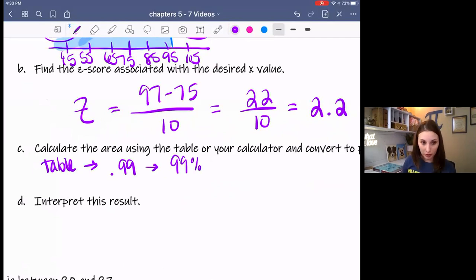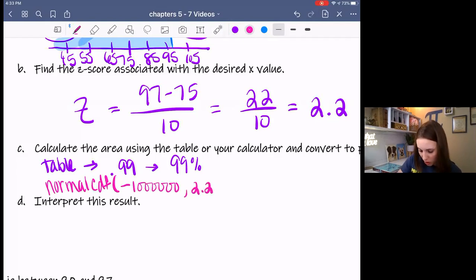If you used your calculator, then you would go to second vars, select the second option, which is normal CDF. And we want to go from negative infinity, which is, we're going to use that number, to 2.2, close the parentheses since we standardized the variable, and you get about 0.99.